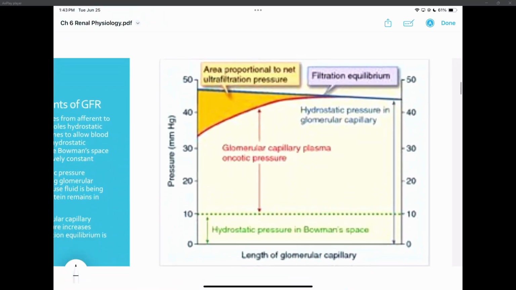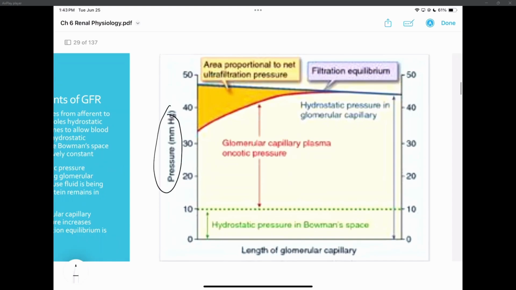So let's set this up. First thing, on the y-axis, we have the pressure. These are pressures generated via hydrostatic pressure of the Bowman space and glomerular capillary, the hydrostatic pressures of both, as well as the oncotic pressures. On the x-axis, we have the length of the capillary. So we're going along the length of the capillary.